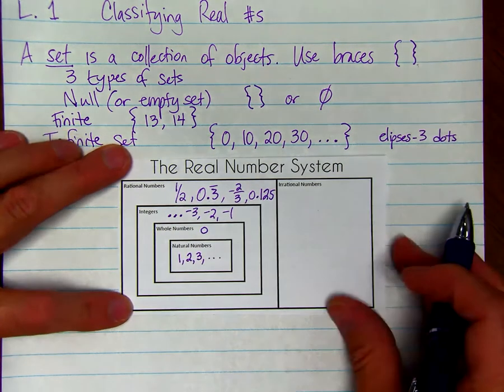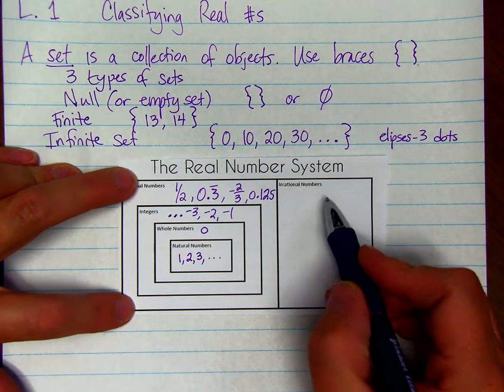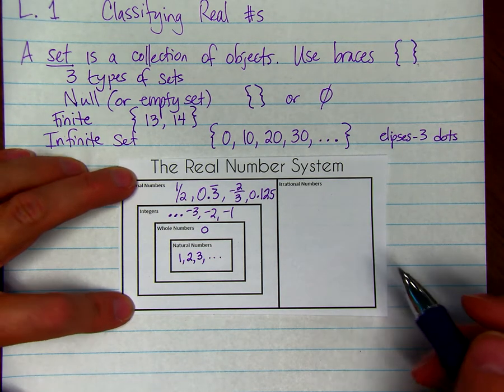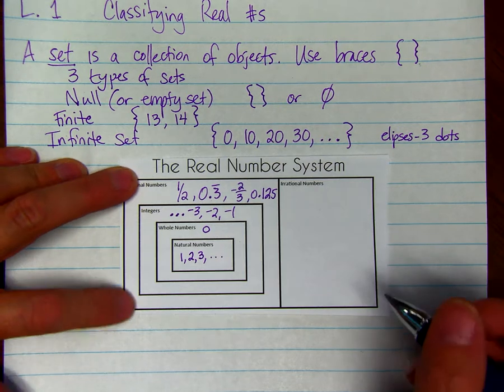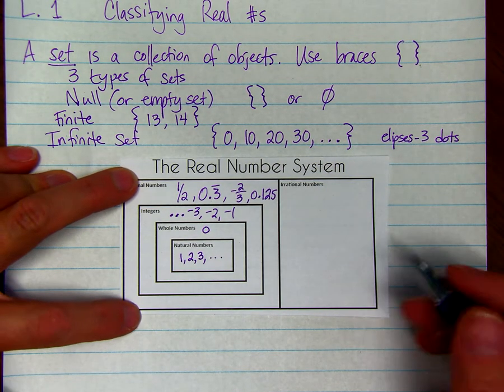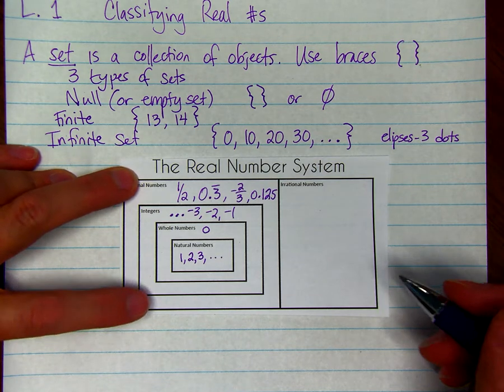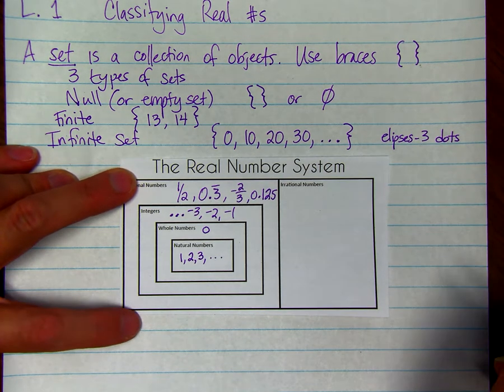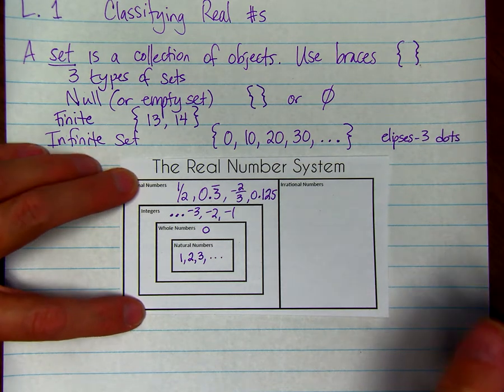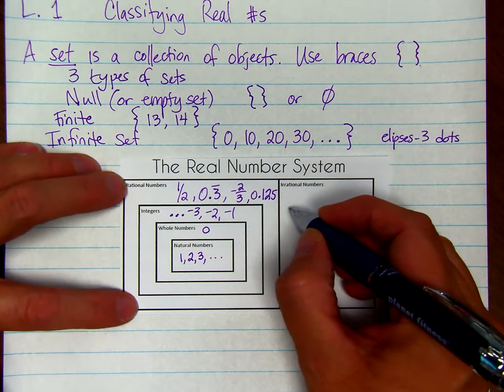Now in the real number system, we also have what's called irrational numbers. These are numbers that can not be written as a ratio of 2 integers. So if it's in decimal form, irrational numbers do not repeat or terminate, which means ends.